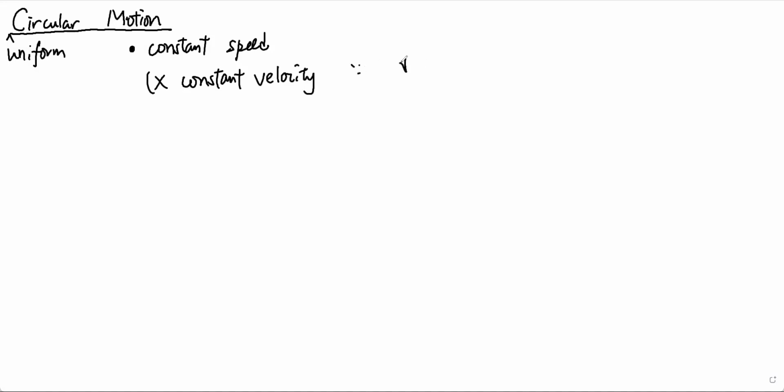We say that because the direction of motion is changing, therefore the object is not moving at constant velocity.